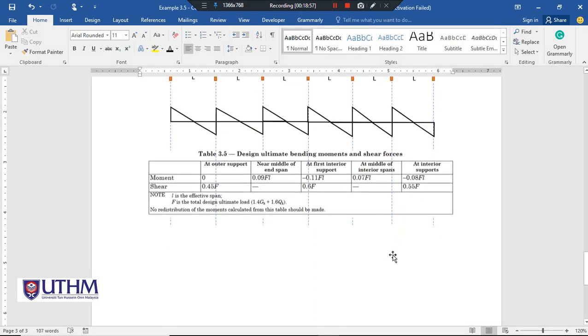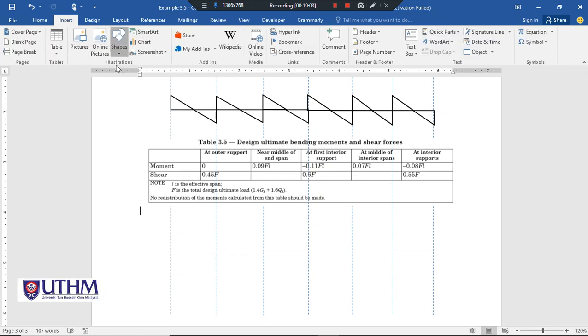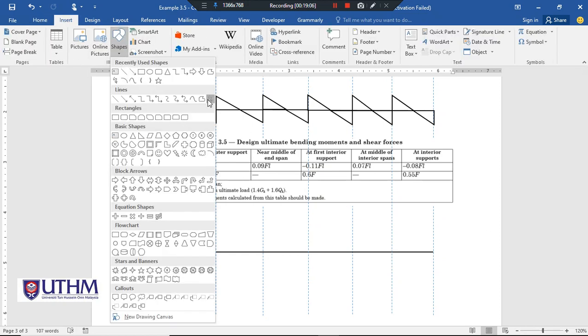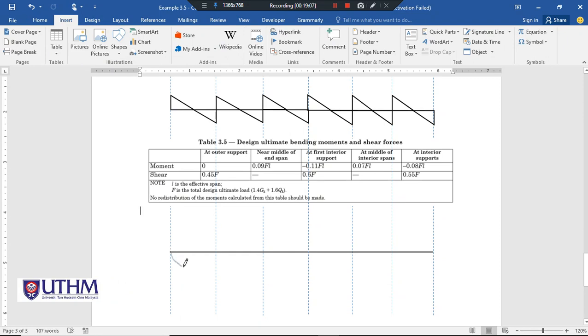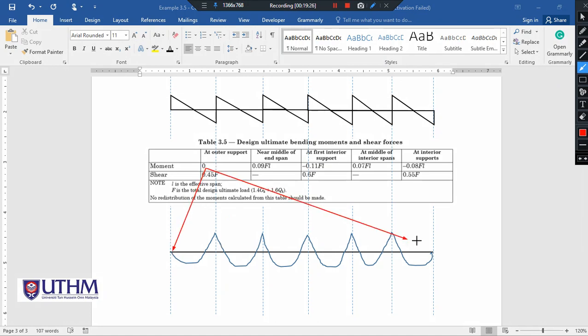Next, we check the moment. And this is the straight line. I will draw the moment diagram. And again, just imagine this is a smooth line. This is the bending moment diagram. Our first moment at the outer support is equal to 0 at both sides.